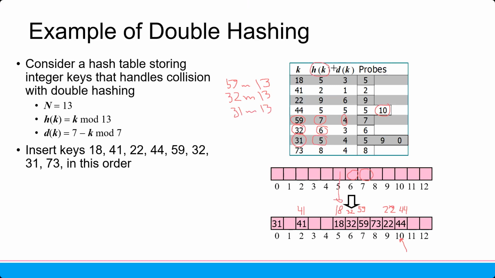Okay, we need to consider the decay. The decay is 7 minus K mod 7, where K is 31. 31 mod 7 is 3, and 7 minus 3 is 4.